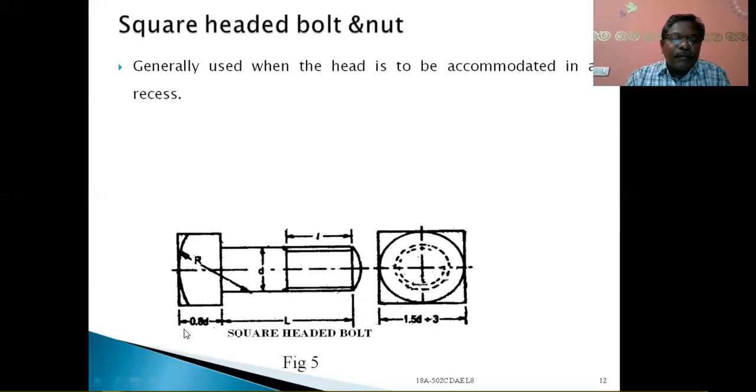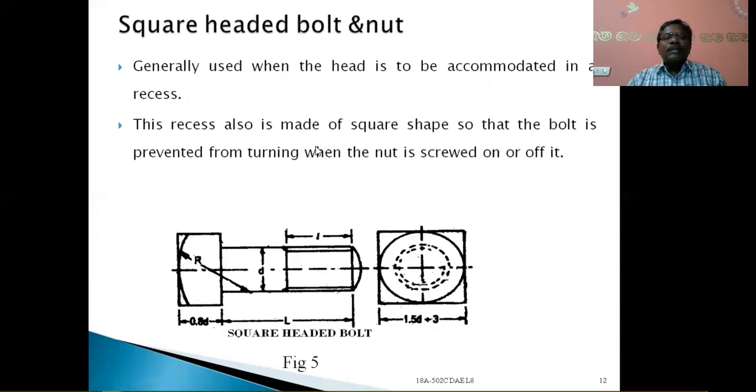Here you can see the height of the bolt is equal to 0.8d, the radius of the chamfer will be r, d is the nominal diameter, L is the length of the threaded portion, and the size across the flats is equal to 1.5d plus 3.